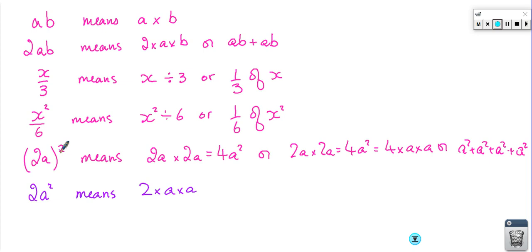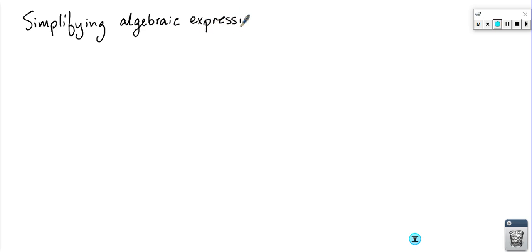Now, when we have algebraic expressions, they can be added together, they can be simplified. So, simplifying algebraic expressions. Let's take some examples.